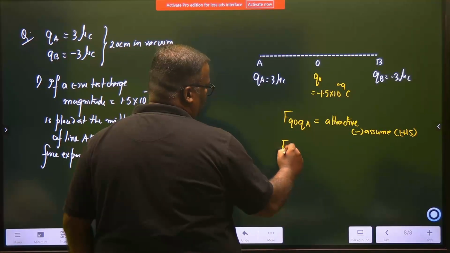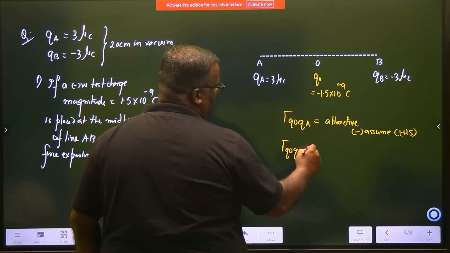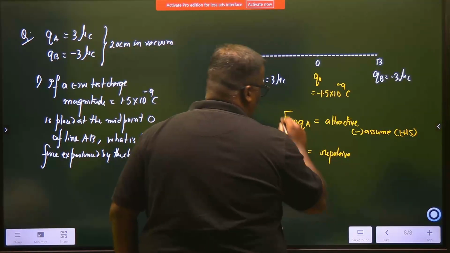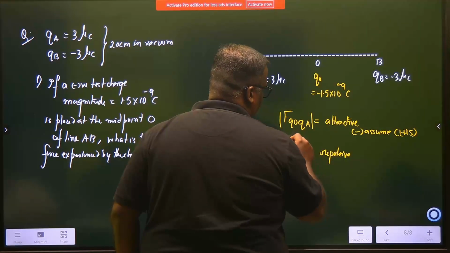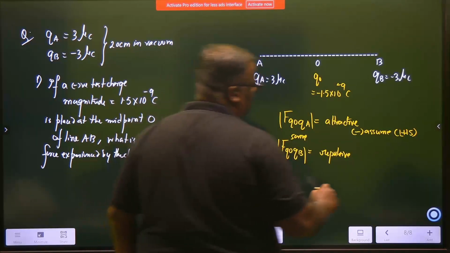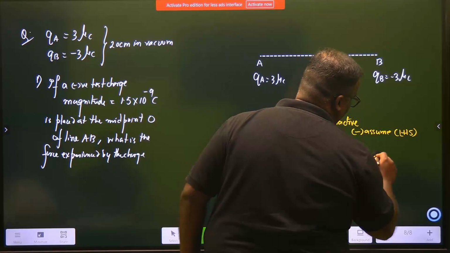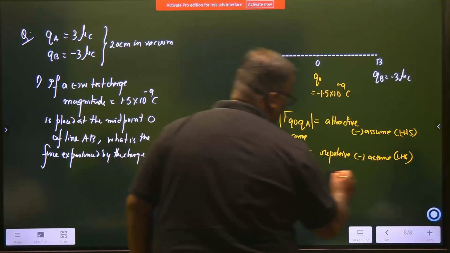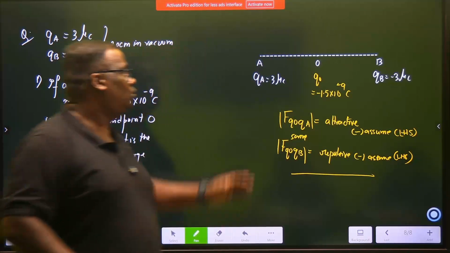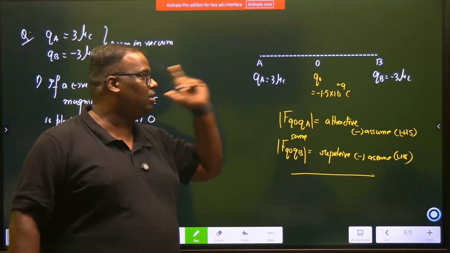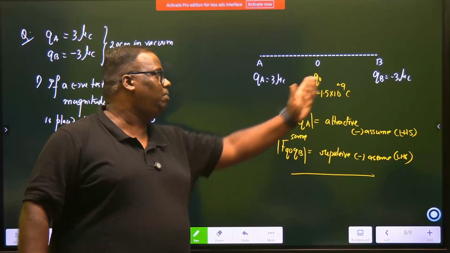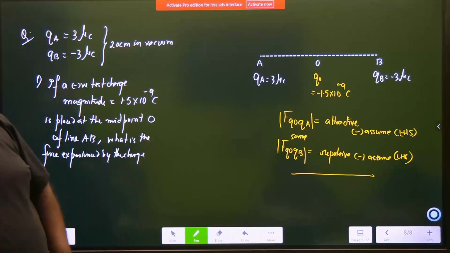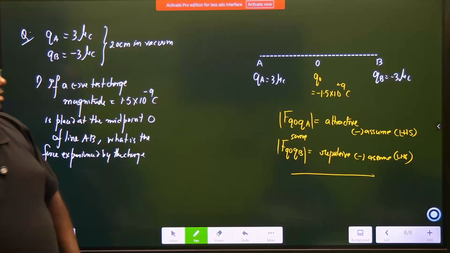Then you take the force on Q naught due to QB. This force will be repulsive, and both magnitudes will be the same. So this is also negative, assumed as per the left hand side. So the net force will be the sum of these two. Finally you don't write negative, you write that the net force is so much towards A, or away from B, on the left hand side. Clear?